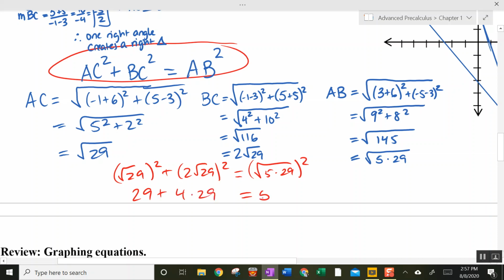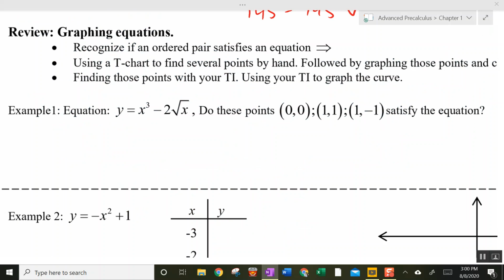And on the right side we get 5 times 29. So both sides, in fact, wind up being 5 times 29, or 145. So in fact, they do check. This is a right triangle because it satisfies the converse of the Pythagorean theorem.